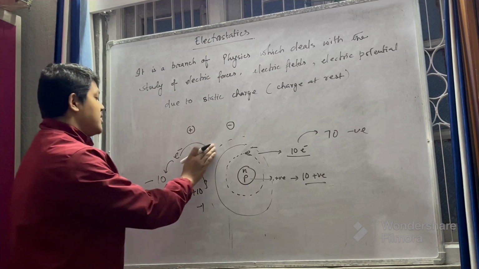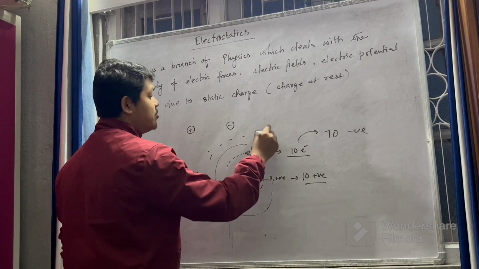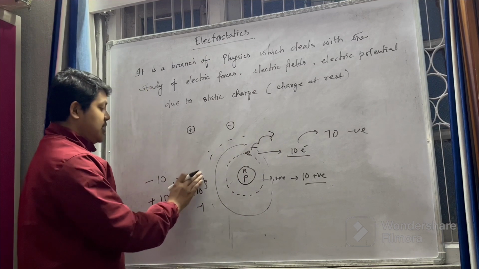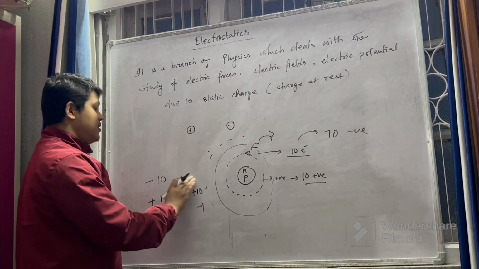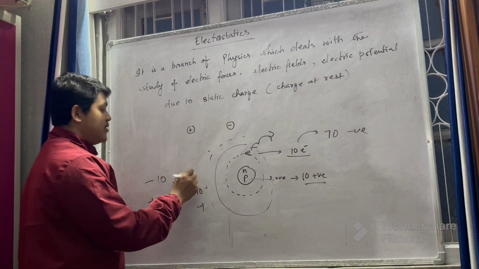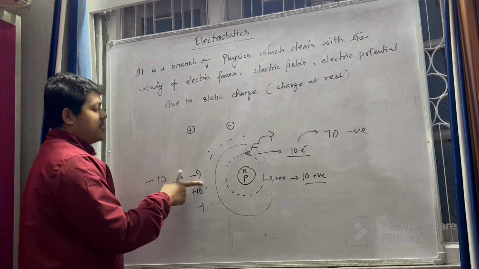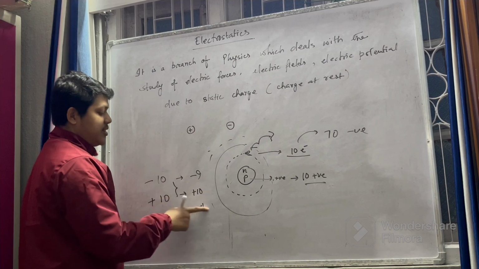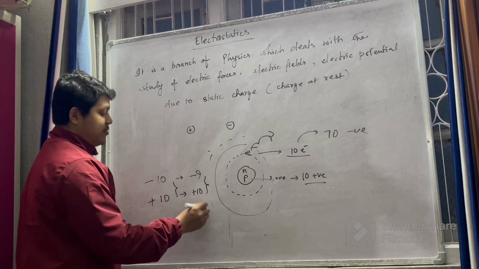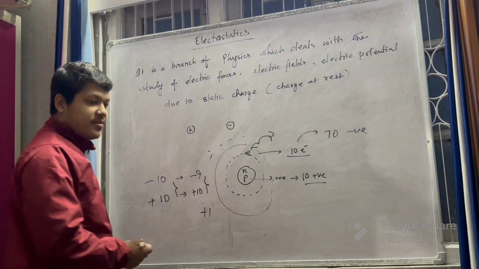And if you remove one electron from this atom, then the number of negative charges will be decreased. So negative charges are now 9 and there are 10 positive charges, so the net charge is now one positive, and this atom will appear as one positive, right?